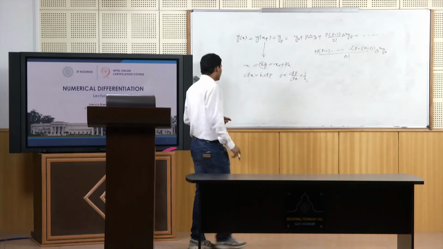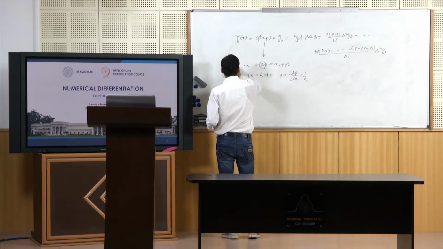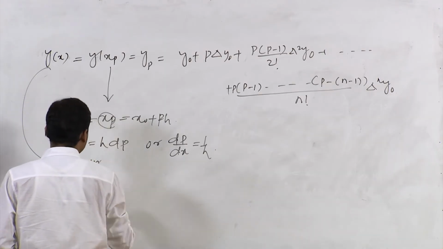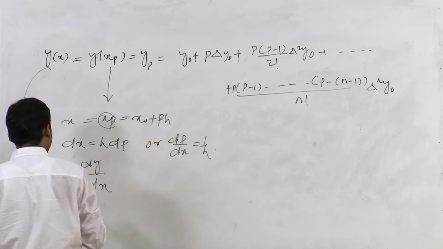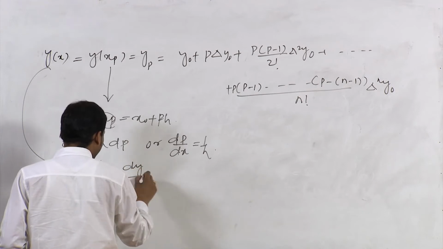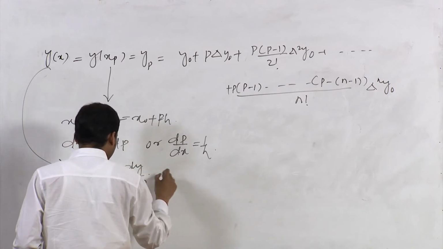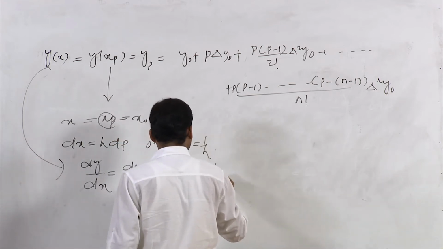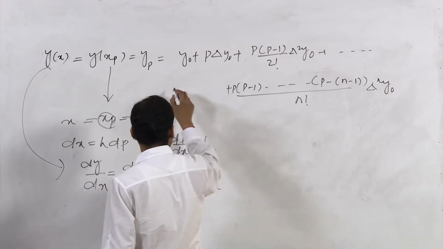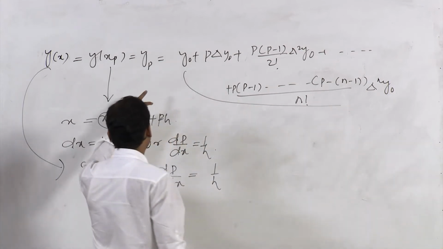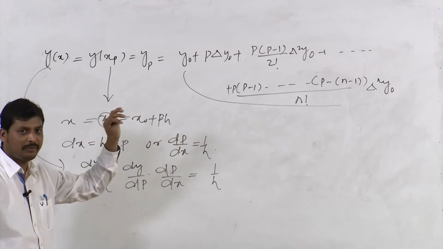So if we write the differentiation for this polynomial, we can write dy by dx, that is the first differentiation of y with respect to x. So we can write dy by dp into dp by dx, and especially it can be written as 1 by h, since this function is expressed as a variable of p.